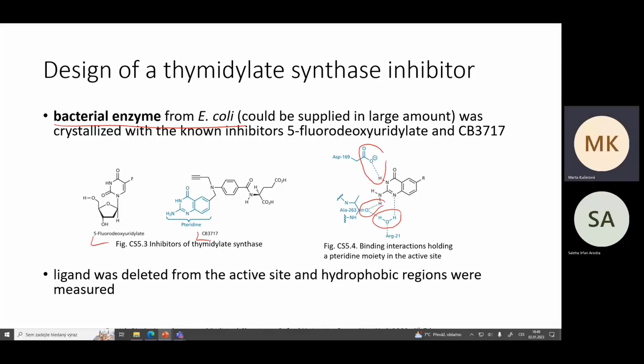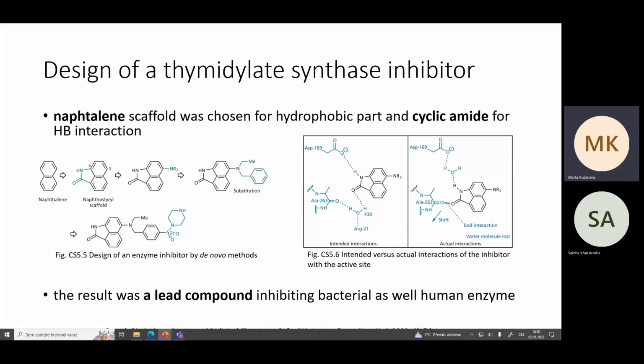So the important amino acid residues involved in the interaction were known, and the scientists deleted the active compound and worked with the de novo method.